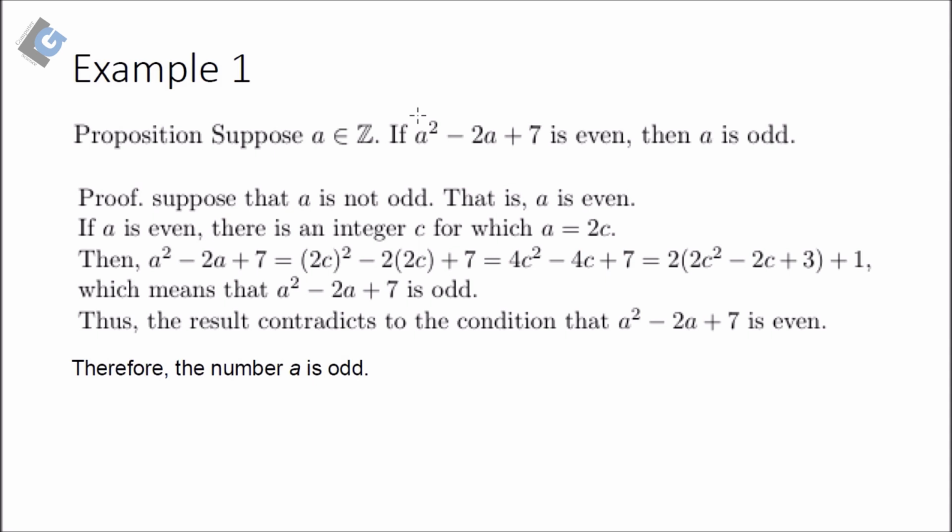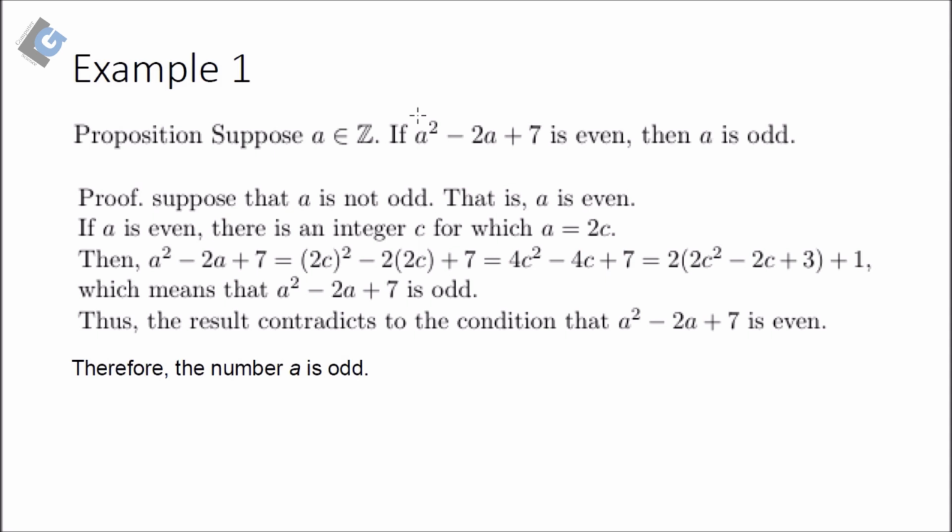Then we replace a in the formula a to the power of 2 minus 2 multiply a plus 7. Then we get 2c to the power of 2 minus 2 multiply 2c plus 7.